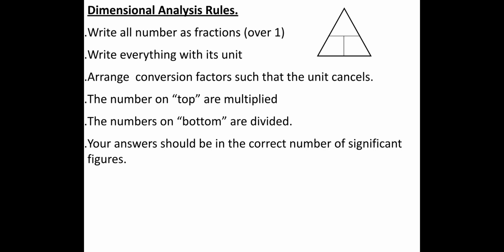The third one is to arrange conversion factors such that the units cancel. The numbers on the top are multiplied, the numbers on the bottom are divided. Your answer should be in the correct number of significant figures. That part, I don't want you to care about for now. We're not going to focus on significant figures for this class.